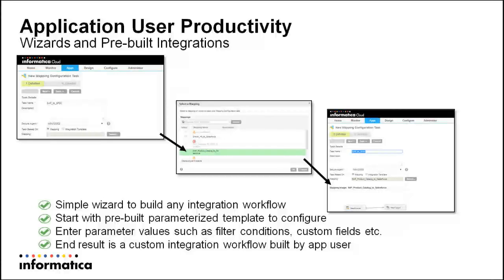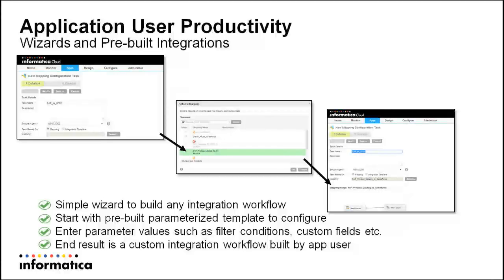What you're seeing now is a wizard interface that the Informatica Cloud platform generates and allows business users to configure certain aspects of the pre-built integration. For example, even when you hide away all the complexity of the account synchronization in the Salesforce to NetSuite scenario within the integration application, business users can configure certain filters based on which the accounts can be integrated, or even complete the integration for custom fields, because everybody's Salesforce organization is unique and they have extensible custom fields and so on.